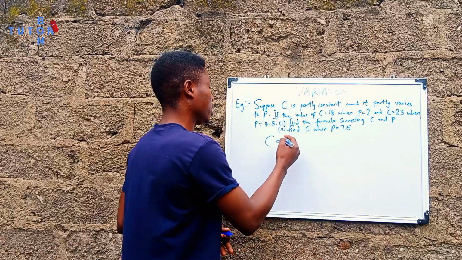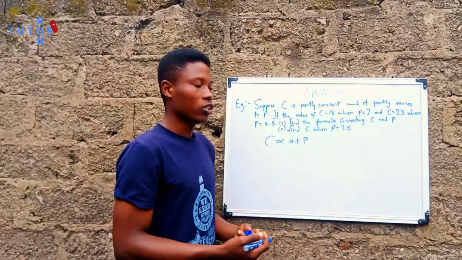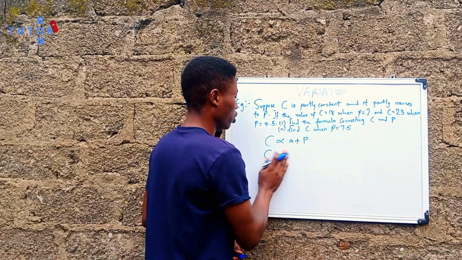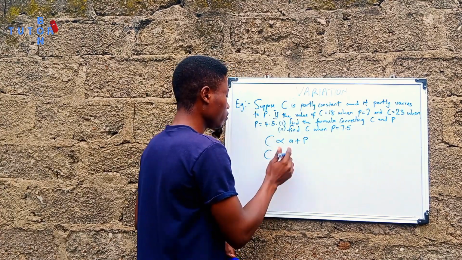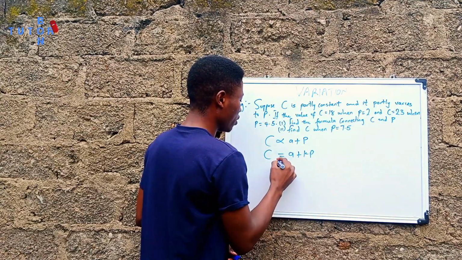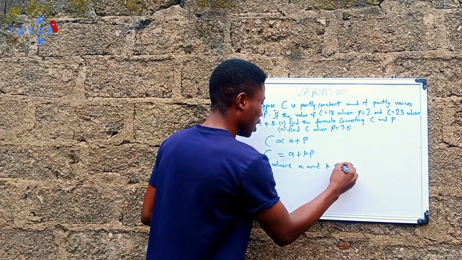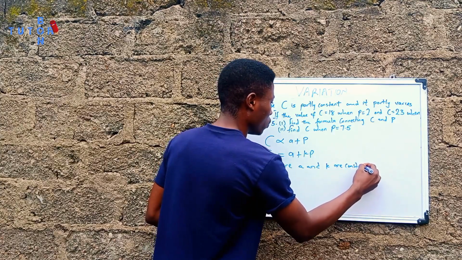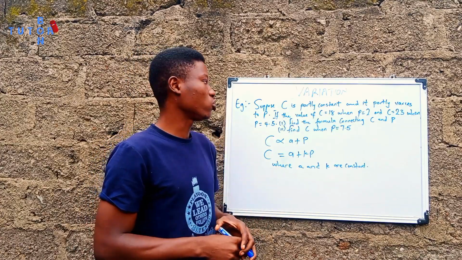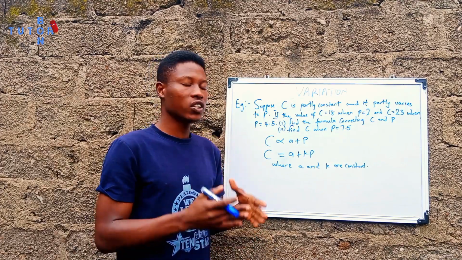Let's say the constant is A and also partly varies to P. So we can introduce a constant, and when we introduce a constant, it will be C equals A plus KP, where A and K are constant. This is an expression that truly illustrates what "C is partly constant and it partly varies" really means.